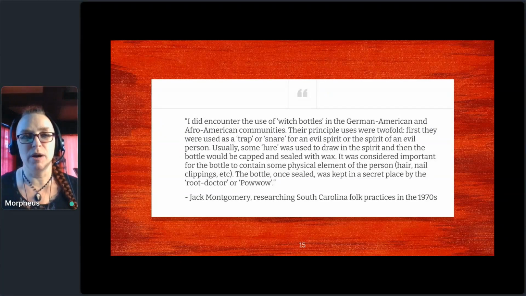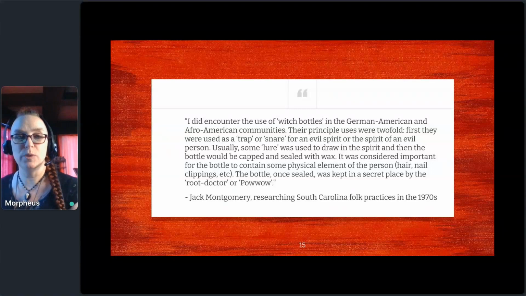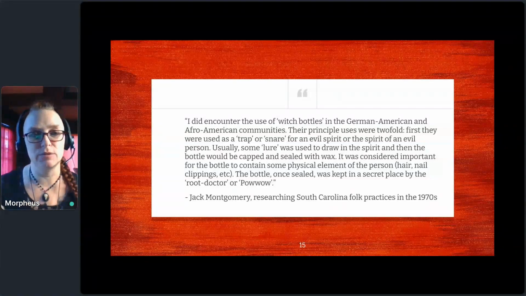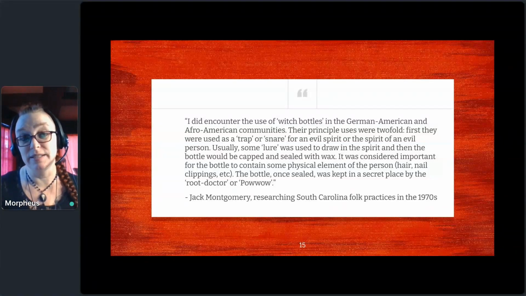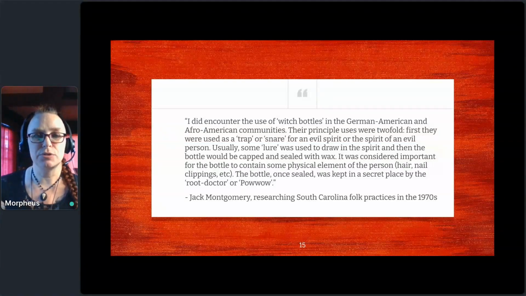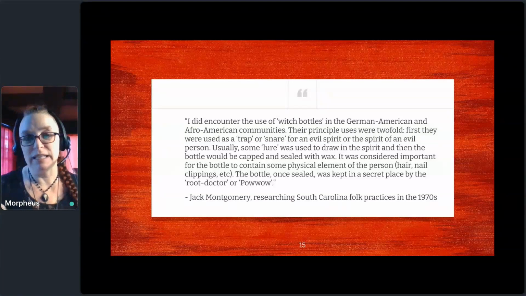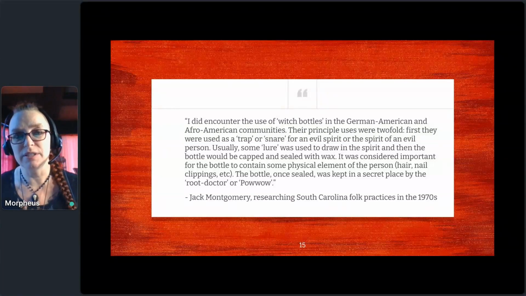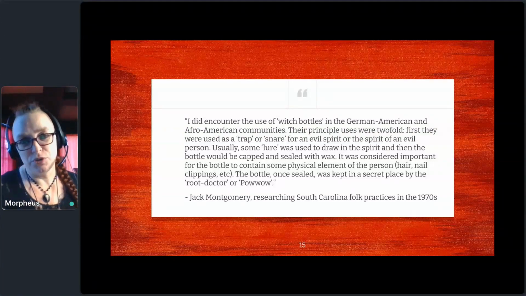And this is a quote from a researcher who was gathering accounts of folk practices in South Carolina in the 1970s. He says, "I did encounter the use of witch bottles in the German American and Afro American communities. Their principal uses were twofold.